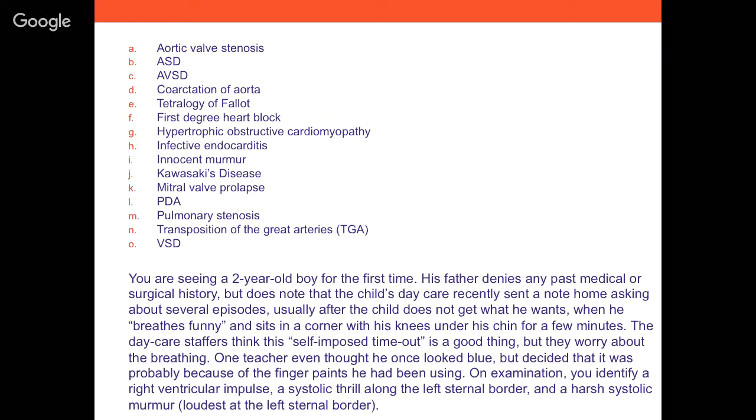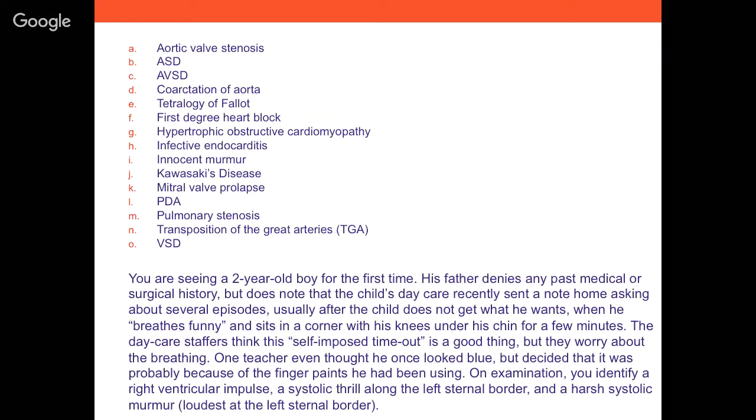Okay, I did not write this question, but it's my favorite one, so I had to put it in there. I'm not even sure where it's from, but I'm going to read it out. You're seeing a 2-year-old boy for the first time. His father denies any past medical or surgical history, but does note that the child's daycare recently sent a note home asking about several episodes, usually after the child does not get what he wants, when he breathes funny and sits in a corner with his knees under his chin for a few minutes.